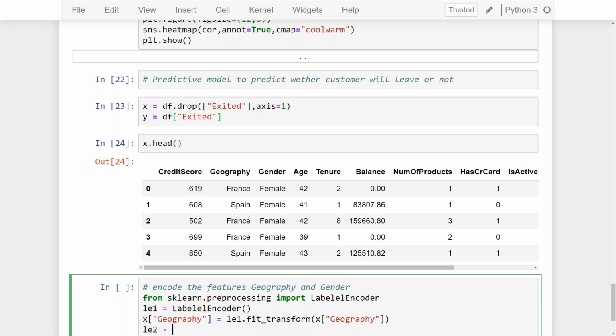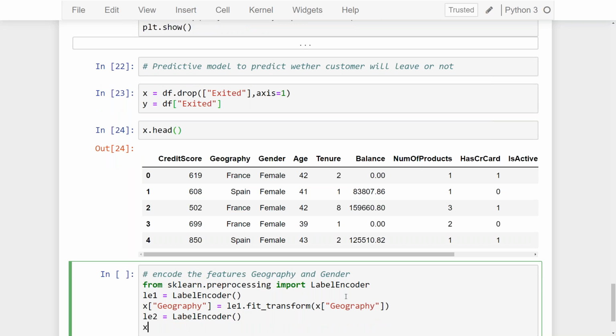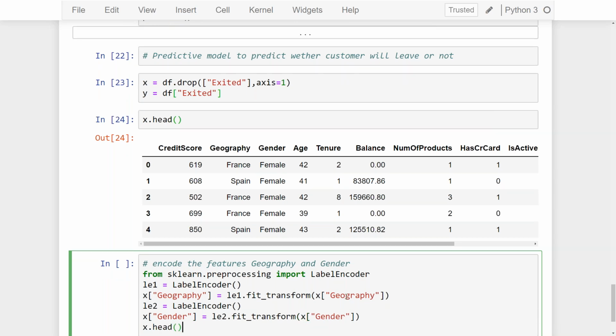Similarly, le2 is LabelEncoder, and we can say x of gender equals le2.fit_transform x of gender, and let's say x.head now.